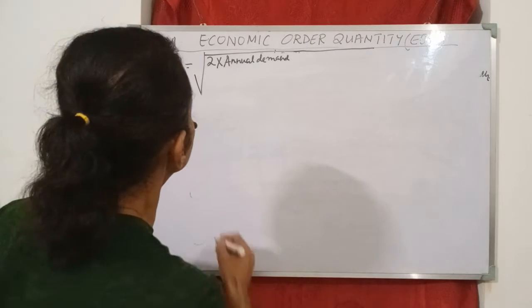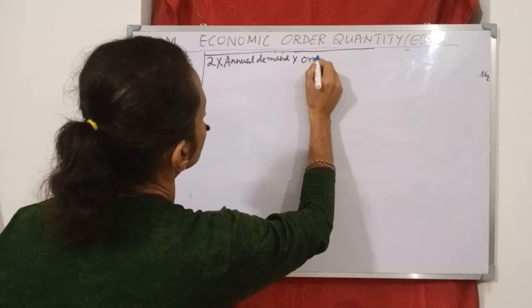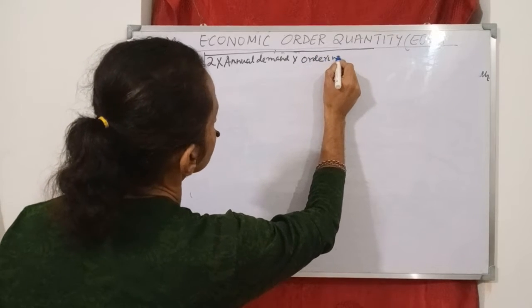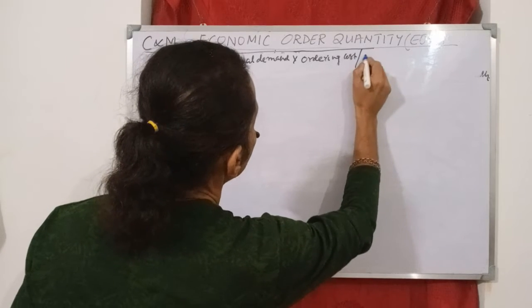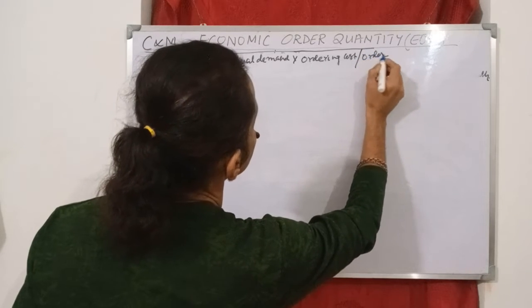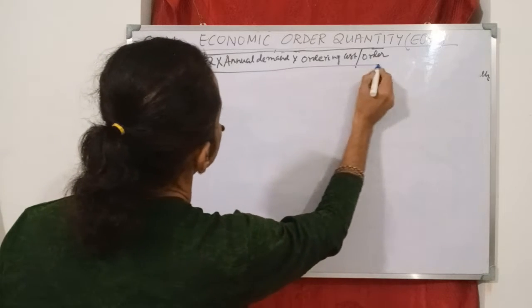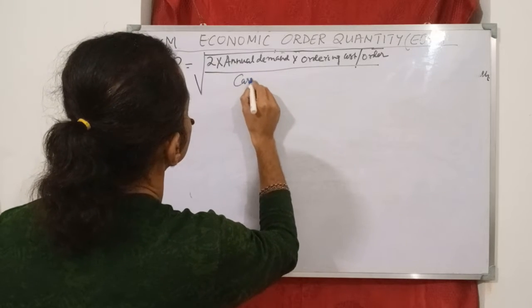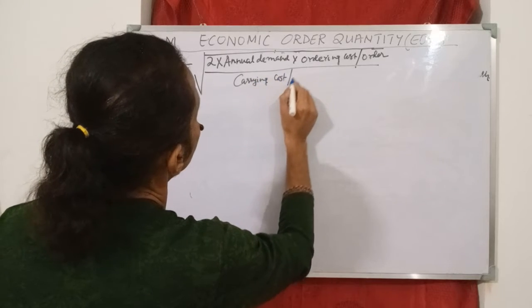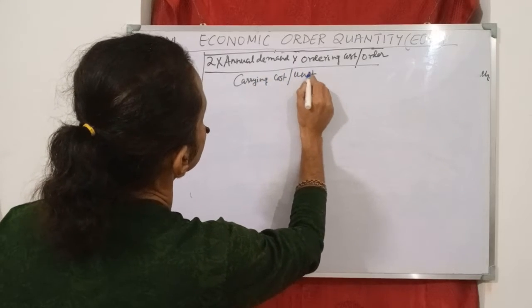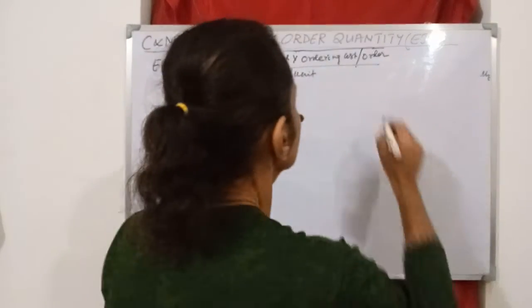You can use any term. 2 into annual demand into ordering cost or order placing cost per order divided by carrying cost per unit. This is the formula of EOQ.